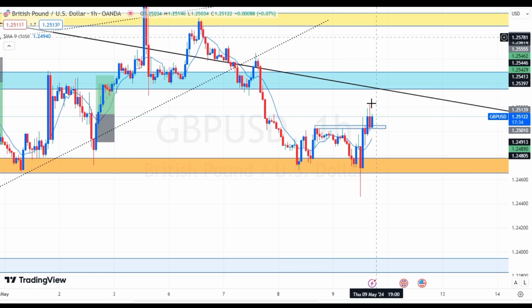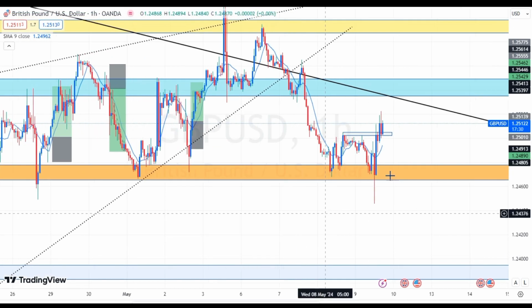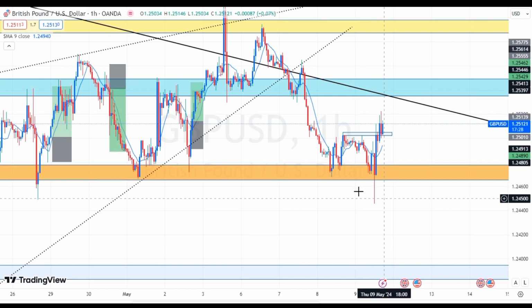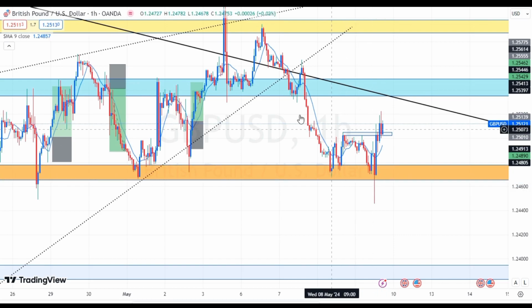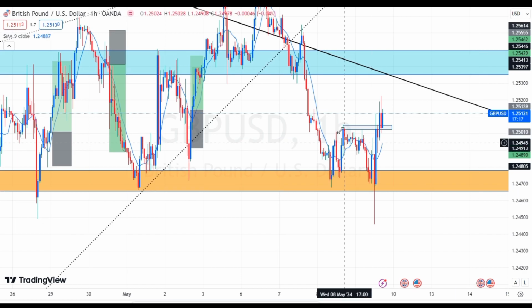So guys, I don't want to waste too much time on this video. This is very clear. We have seen that GBPUSD tried breaking out of this zone, but it couldn't. It gave a double bottom, which most of the time I normally use. It gave a neckline, it broke the neckline, came back to the neckline.